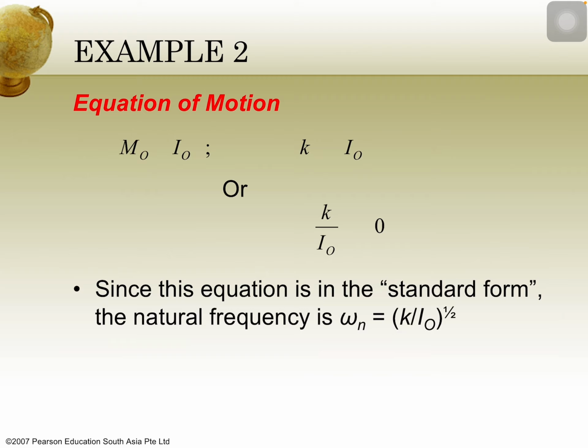Now we can go to the equation of motion. So I will complete this equation. We consider the total moment, and then we have the acceleration, and this is the moment of inertia.